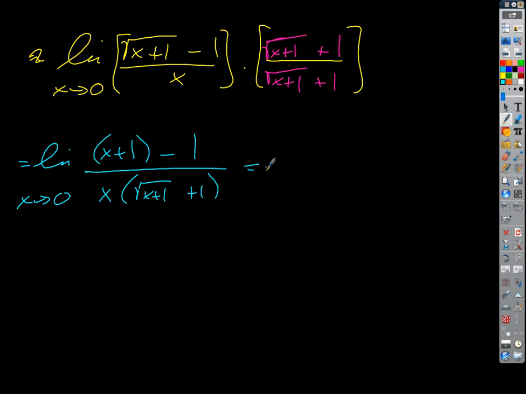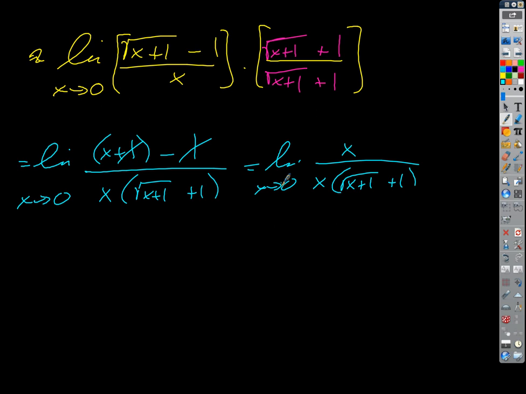So if I simplify this, the 1's cancel, right? I'm getting the limit of x over x times the quantity square root of x plus 1 plus 1. And now what? I can cancel the x's. And aren't those the offending factors? Those are the ones that are going to 0, right?